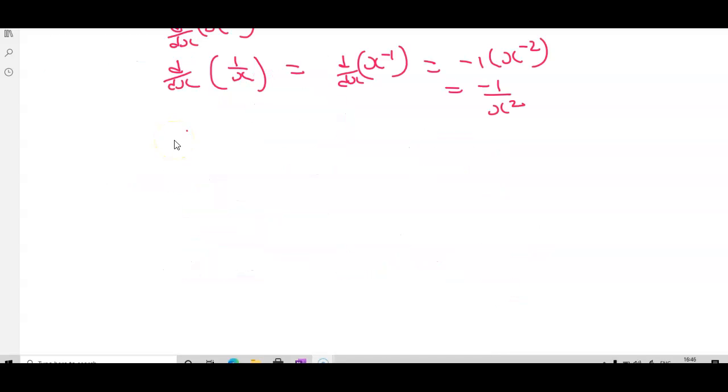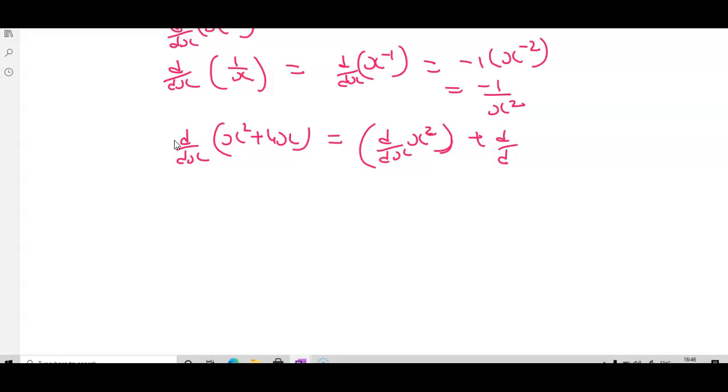If it is of the type like this, d by dx of x square plus 4x, for this particular thing I like to introduce that if we have some constant multiplied by a variable, this is going to be k into d by dx of the variable.